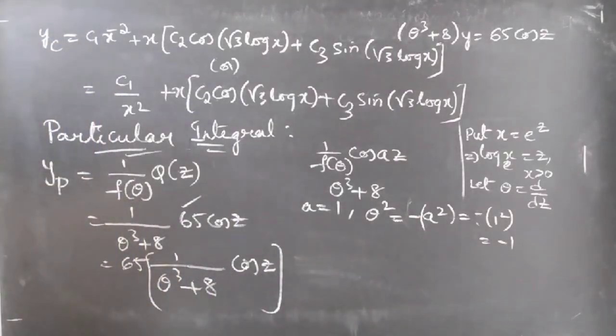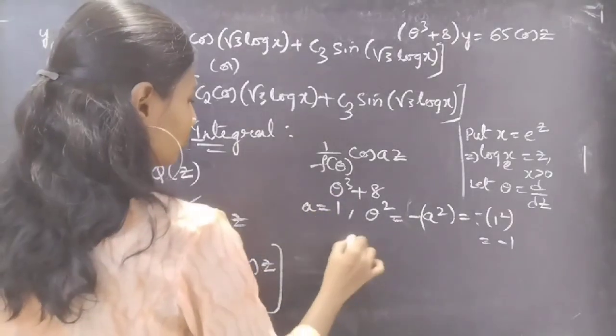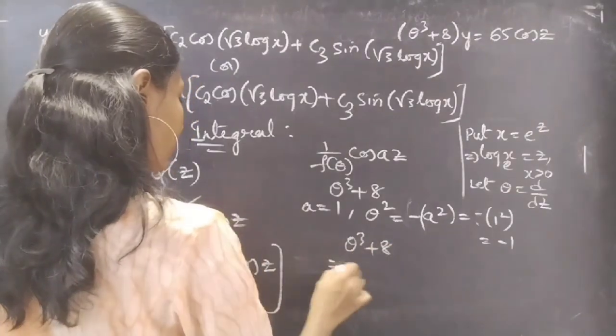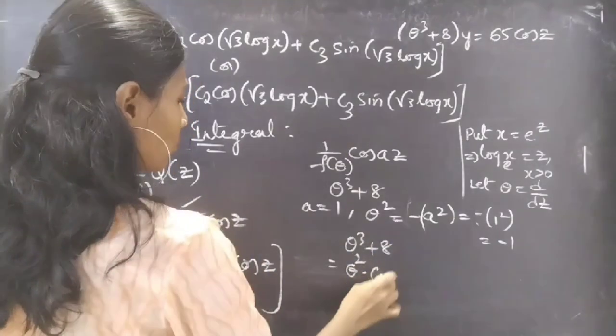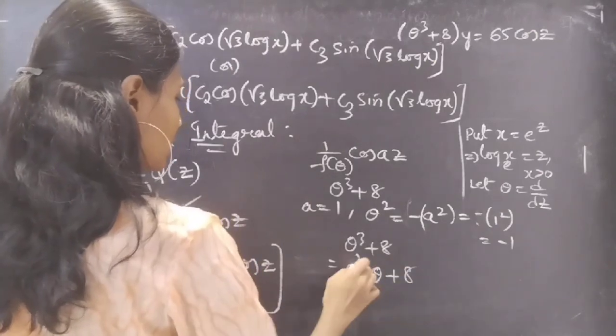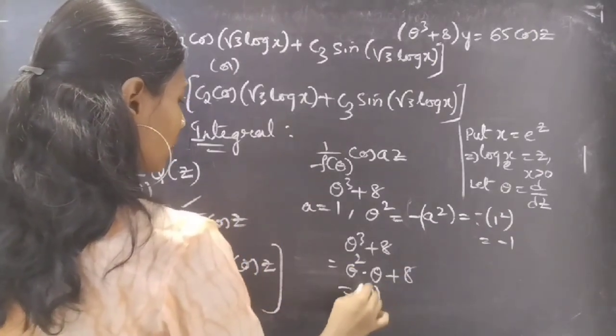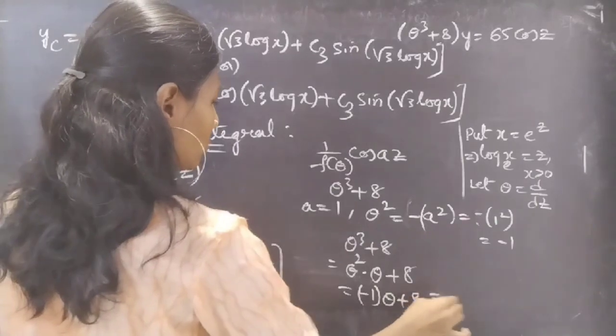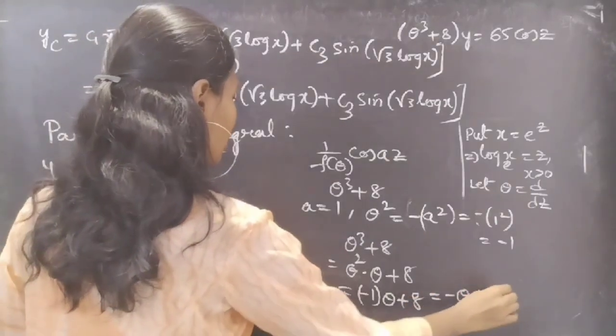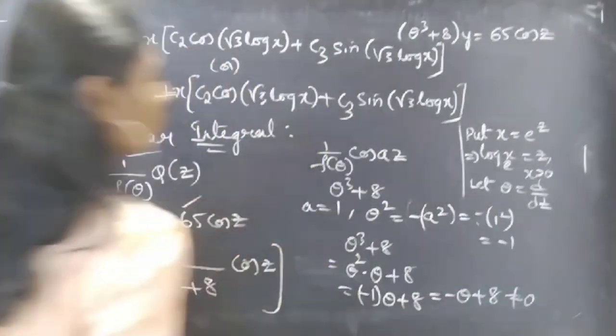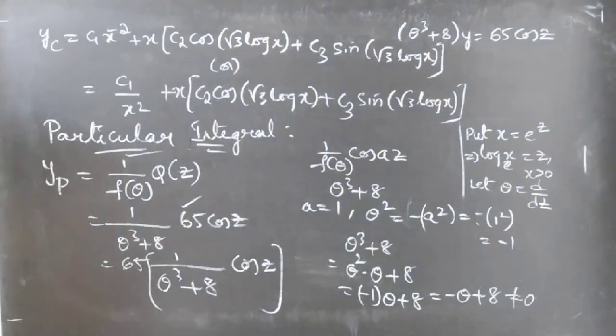Now coming to the problem, we have theta cube plus 8. We can write theta cube as theta square into theta. Now just replace theta square by minus 1, we'll get minus 1 into theta plus 8, which is minus theta plus 8, which is non-zero, right? So we split theta cube as theta square into theta, and later replace theta square by minus 1 because we are getting non-zero in the denominator.